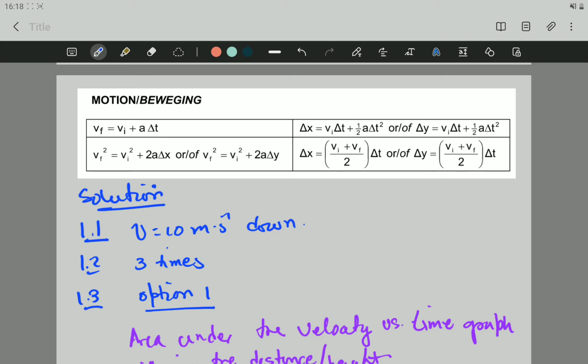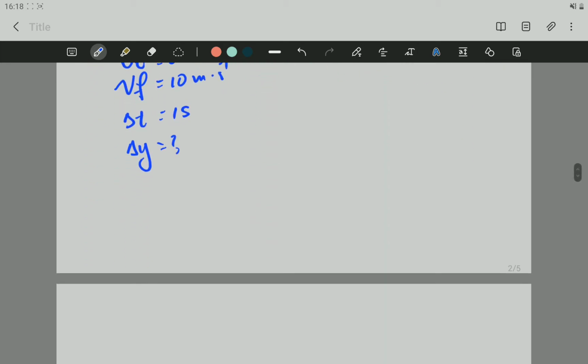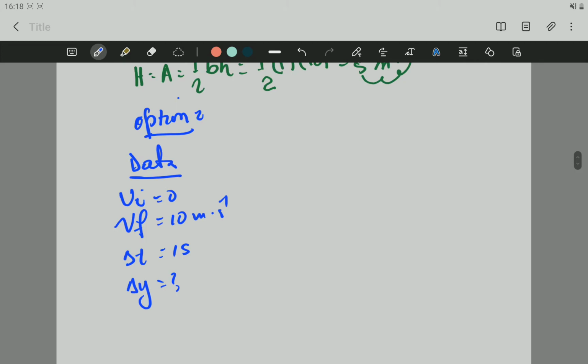Knowing that, what of these formulas can we use? The only formula we can use is this one here. This formula has all the information: the displacement, the final velocity, the initial velocity, and the time. The displacement is equal to initial velocity plus final velocity divided by 2 multiplied by time.